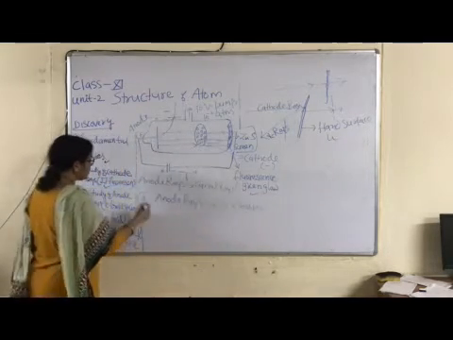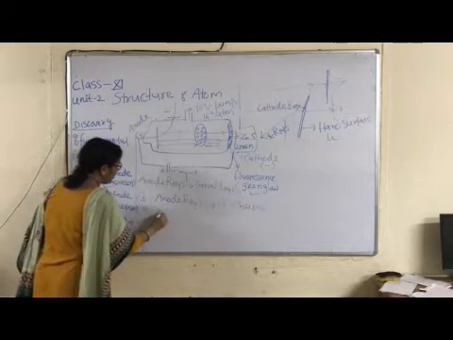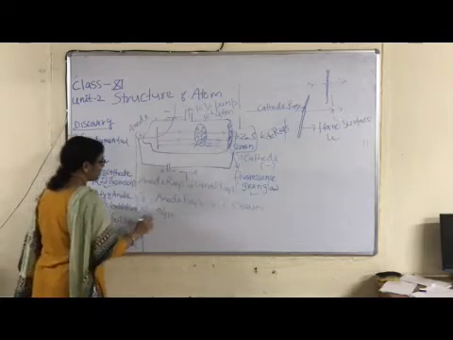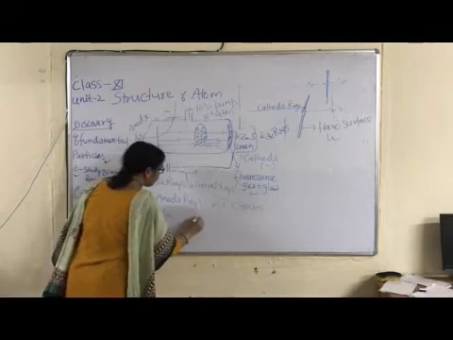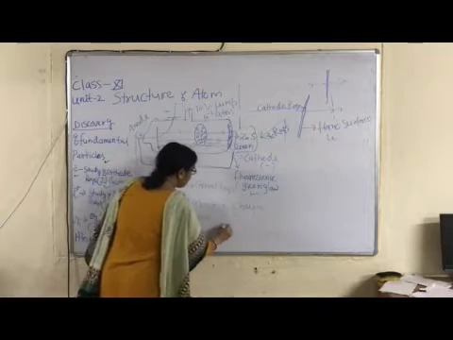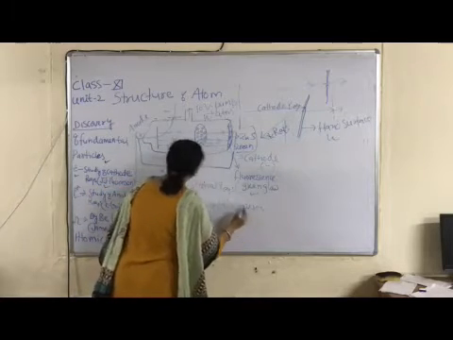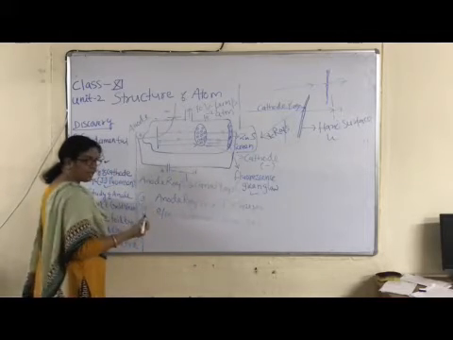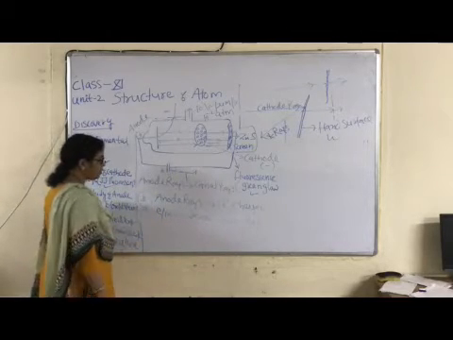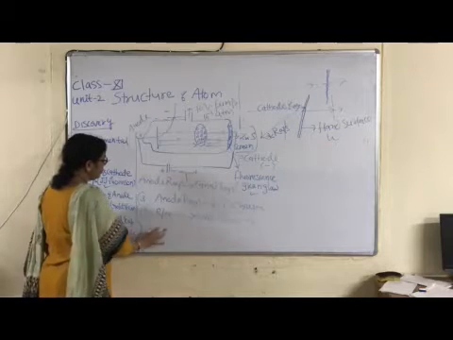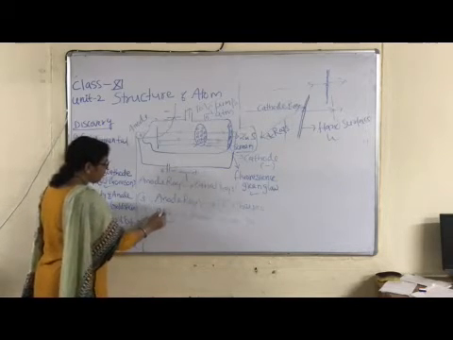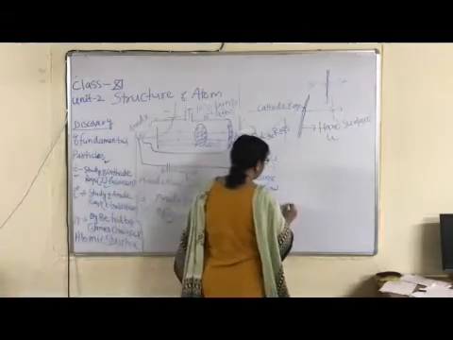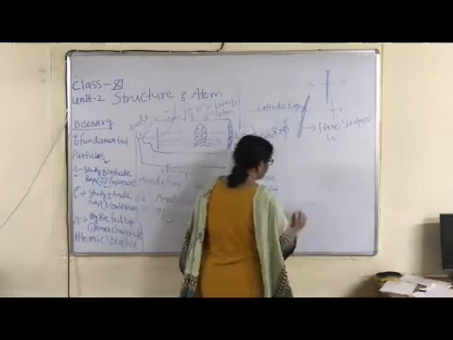Okay children. Second, a different property: the e/m ratio of anode rays depends upon the gas which is taken in this discharge tube. What is the reason? The charge of an electron is equal to the charge of a proton, right? But the mass of the positive particles varies. What is the source of positive particles? Positive ions, right children?